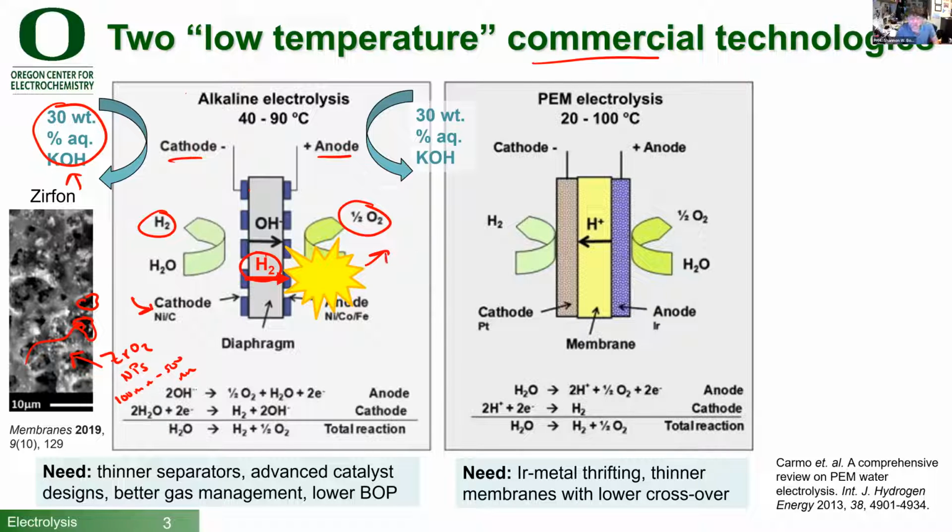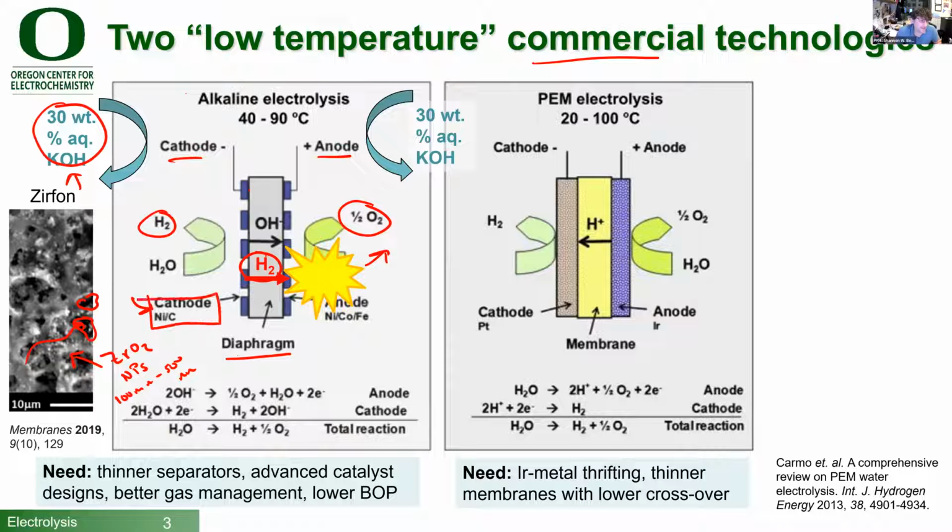This isn't a problem when these are running at their specified current density and with an appropriate thickness, but it does set a limit on how thin you can make the diaphragm and how variable the load can be. You'd like the electrolyzer to be able to respond to the grid cost of electricity on a very fast time.